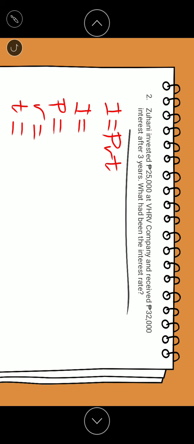Our principal is 25,000 pesos. So we write 25,000, then ang rate or the interest rate ang hinahanap natin, so we put question mark, and ang time natin is 3 years.